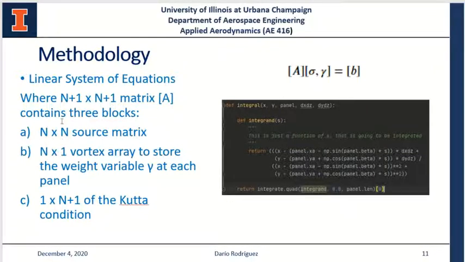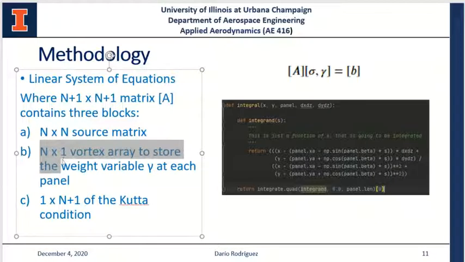So this n plus 1 matrix is composed of 3 blocks. The first important block is that n by n, which is due to the source matrix. This block of the matrix will allow us to compute the source strength right here, and the other block is the n by 1 vortex array to store the weight variable gamma in this case at each panel.